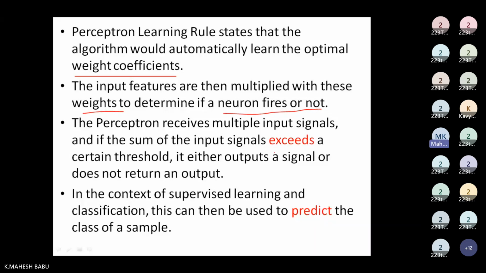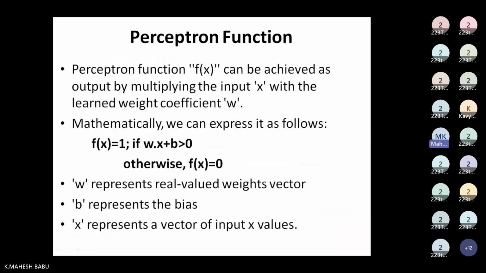If the perceptron receives multiple input signals and if the sum of the input signals exceeds a certain threshold value, it either outputs a signal or does not return an output. Right? In the context of supervised learning and classification, this can be used to predict the class of a sample. So we need to think of these two things and we'll go for applying the same by means of a simple application.